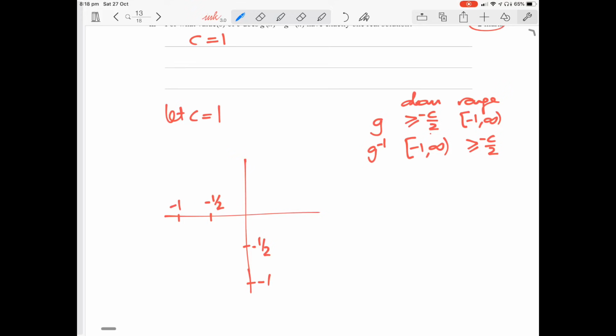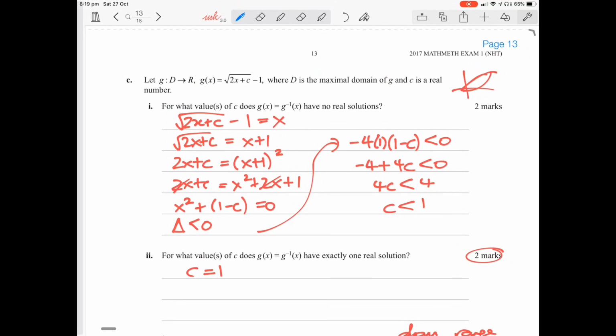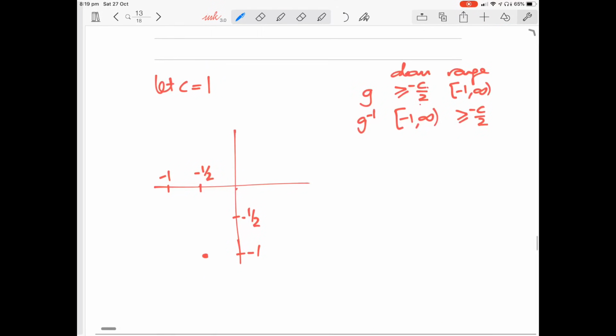Okay, so if our domain here is negative a half and our range is negative 1, so negative a half, negative 1. If we let x equals 0 and c is 1, we get 0, so it's going to go through there. So that's going to look like that. And then our other graph is going to be negative a half, 1. So that's why they just touch there.